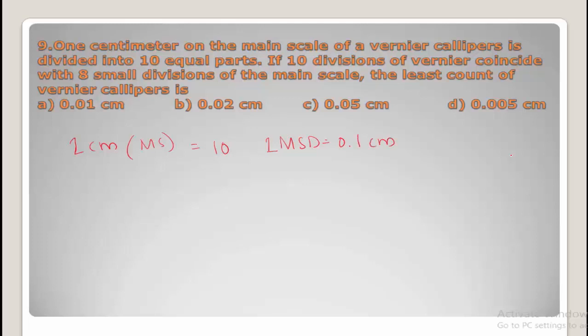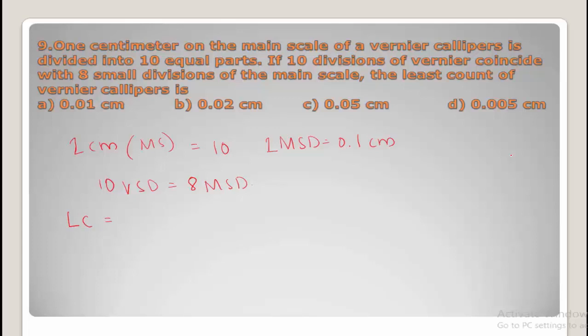So it means the value of 1 MSD becomes 0.1 centimeter. If 10 divisions on vernier scale coincide with 8 small divisions on the main scale, it is given that 10 vernier scale divisions coincide with 8 main scale division. So what will be the LC of the vernier calipers?